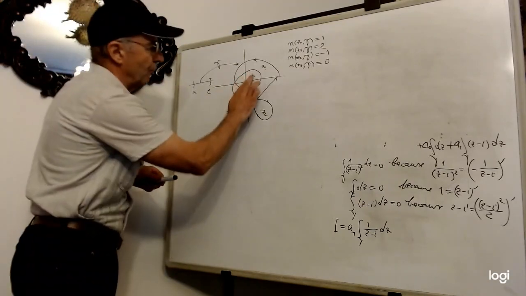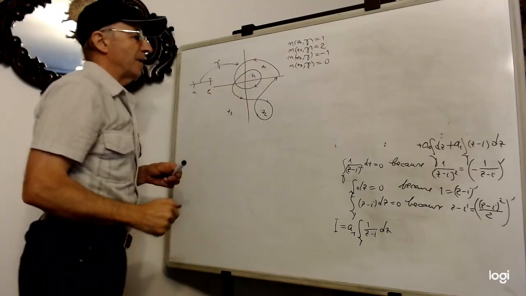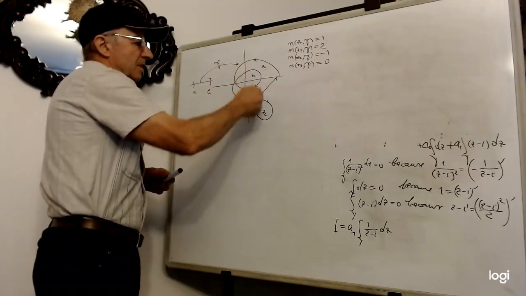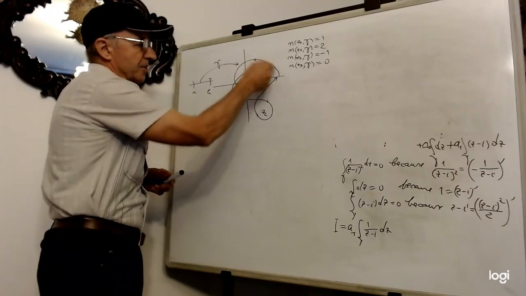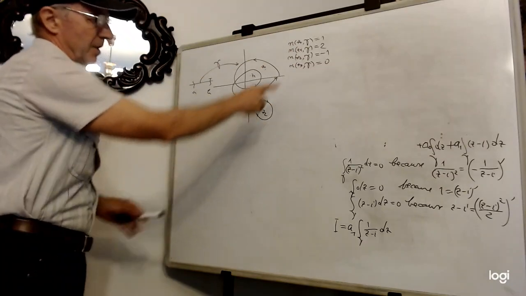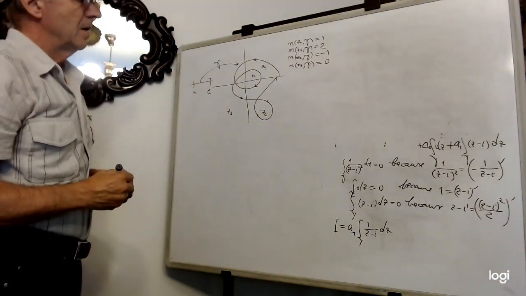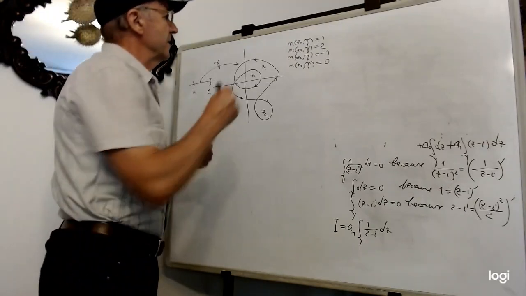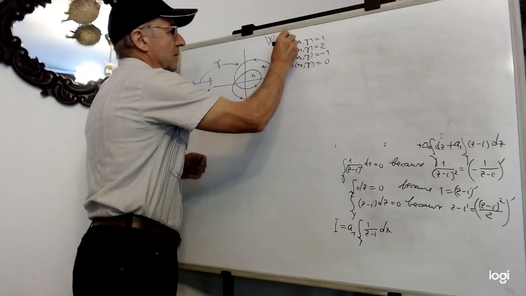For all points in that area, gamma makes 2 turns around the point; in that area, just 1; here, minus 1; and for the points outside the winding number is 0. Now this is the winding number.